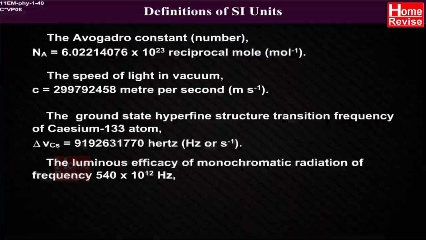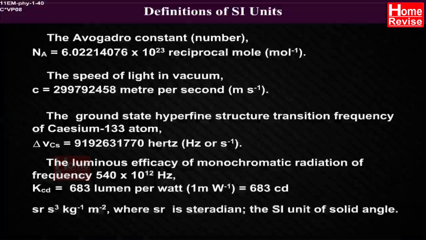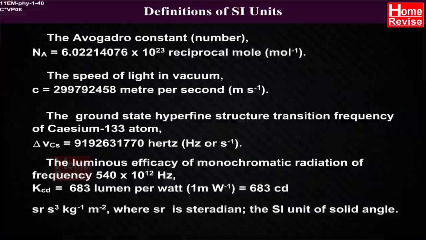The luminous efficacy of monochromatic radiation of frequency 540 multiplied by 10 raised to 12 Hz, K_cd, is equal to 683 lumen per watt, which is equal to 683 cd sr kg raised to minus 1 m raised to minus 2 s cubed, where sr is steradian, the SI unit of solid angle.